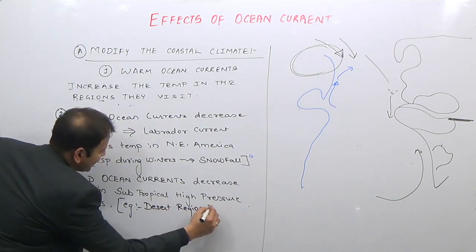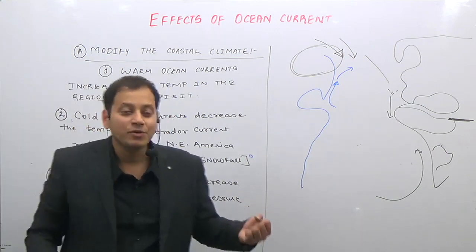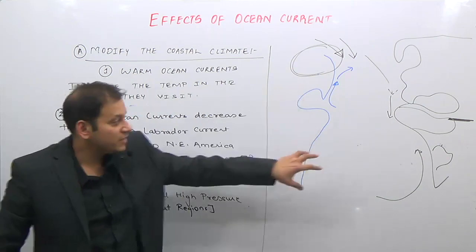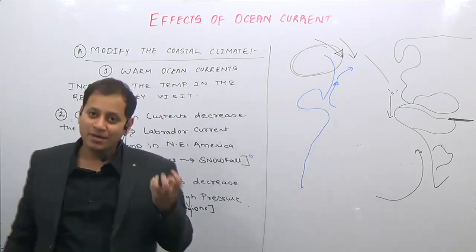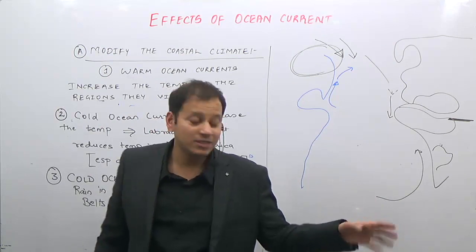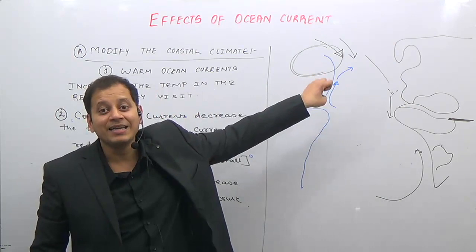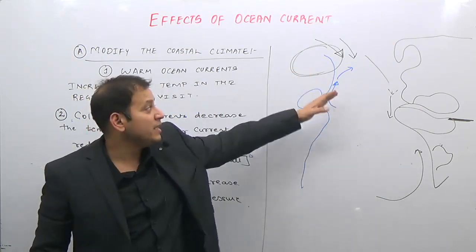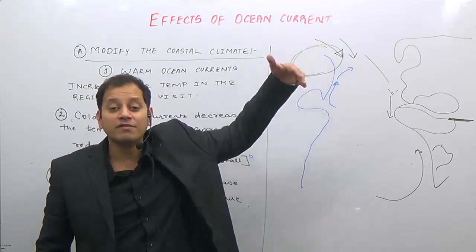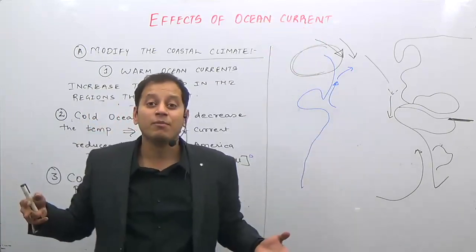On the other hand, warm ocean currents will pick up moisture and give heavy rainfall. Any warm wind will pick up moisture because moisture holding capacity is directly proportional to temperature. It will go to the coastal regions, and if the wind rises because of the mountains, the moisture will be given out in the form of rainfall.